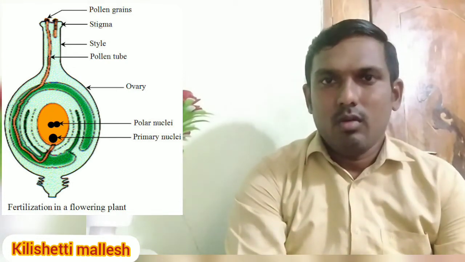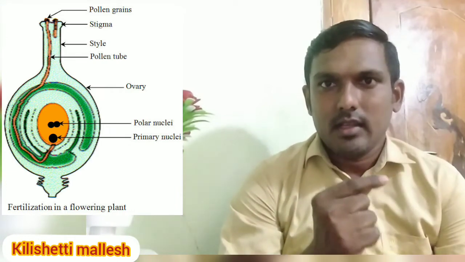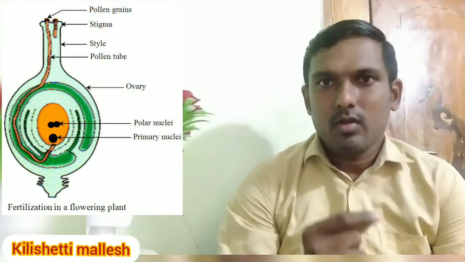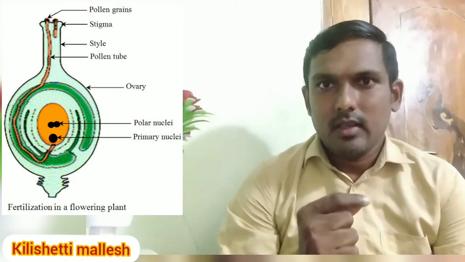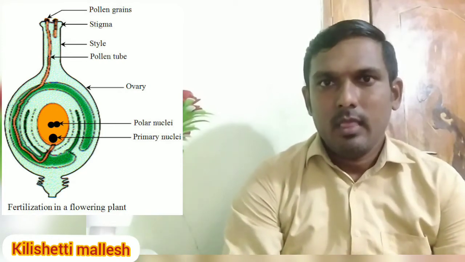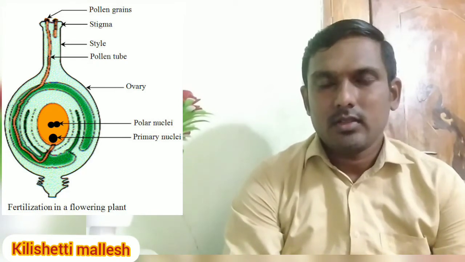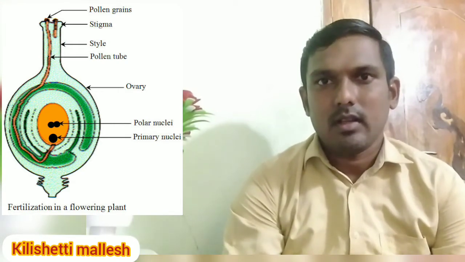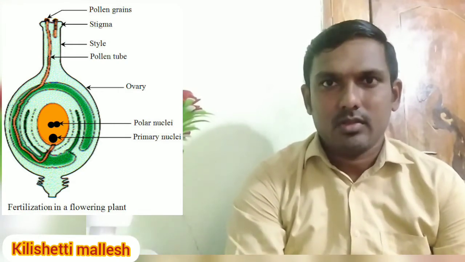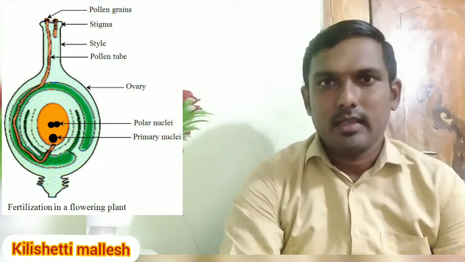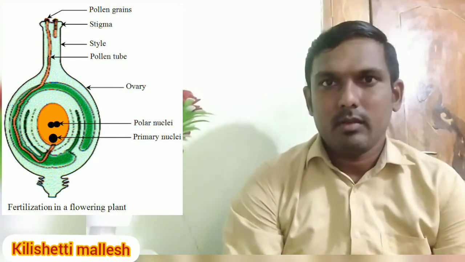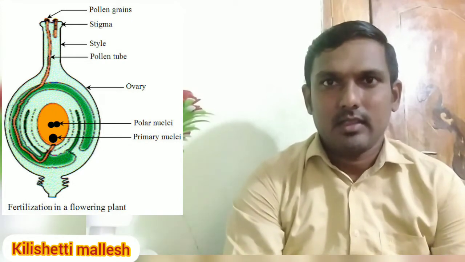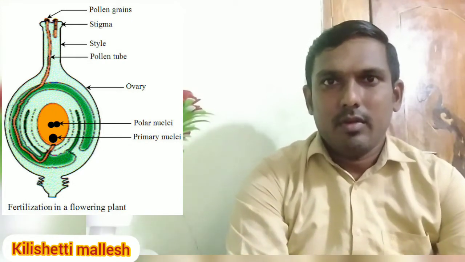The ovary contains the ovules, so the pollen grains reach the ovum and the fertilization process takes place, forming a zygote. The zygote develops into a fruit, and the fruit contains seeds. When the seeds fall on the earth, the germination process takes place. This is about reproduction in plants.